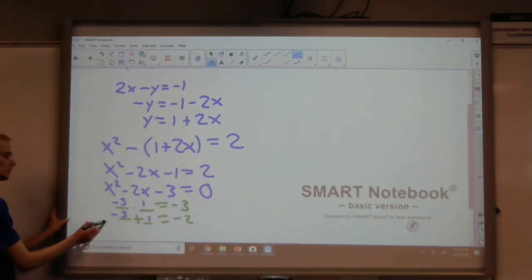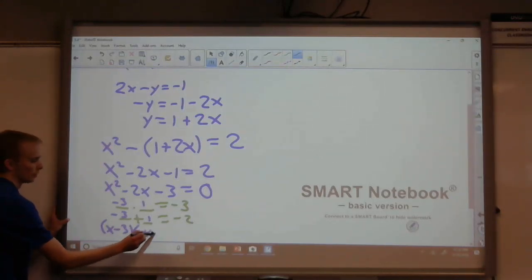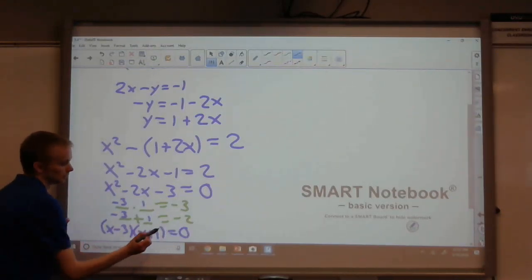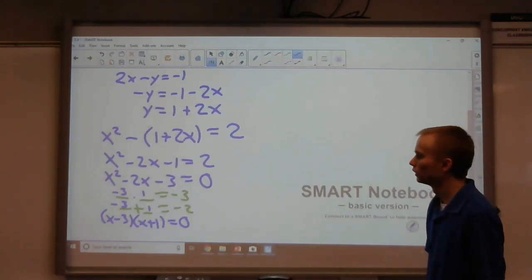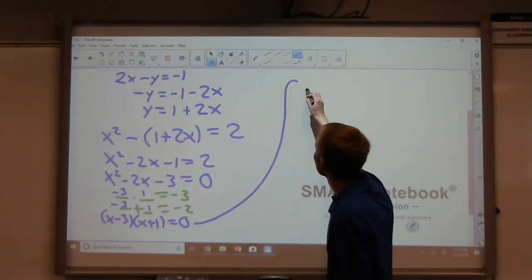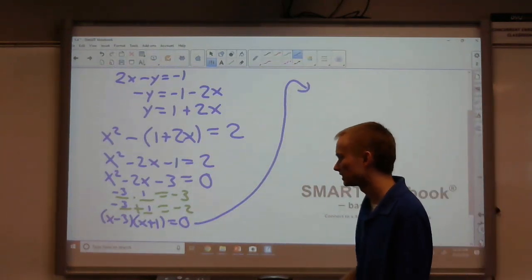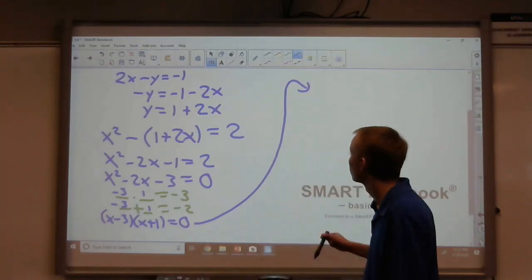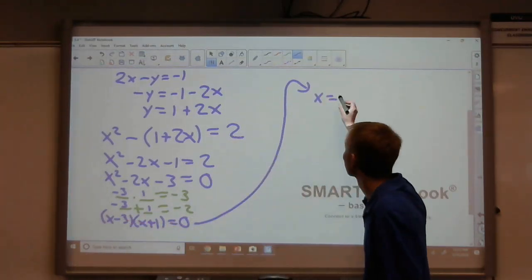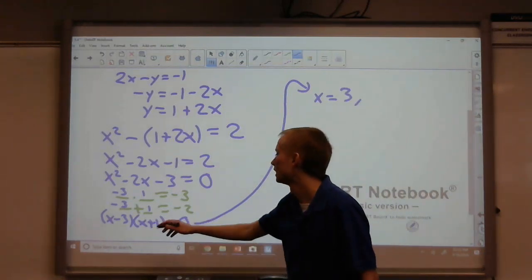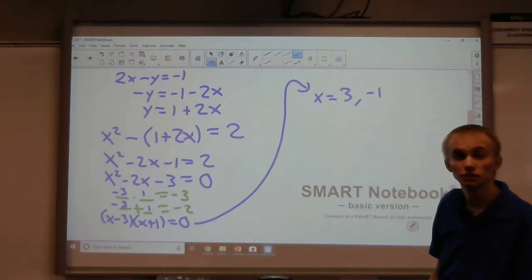So this would factor as x minus 3 and x plus 1 equals 0. Okay? I'm going to maybe scroll up here. So what does that mean x has to be? We just flip those signs and we get x is +3 and -1. Okay, so those are my values for x.